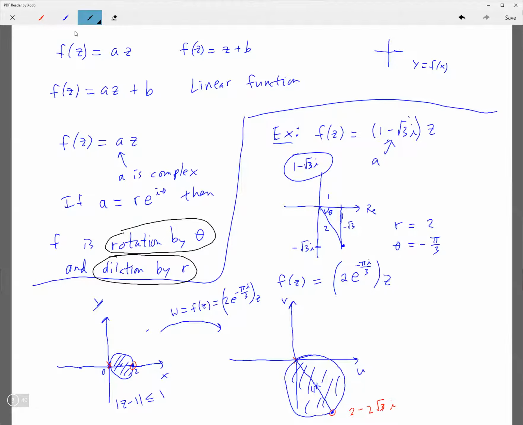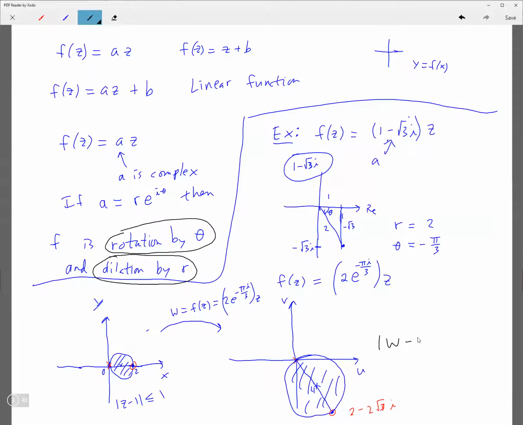So this is this one, and then it's also typical to write down what it maps to. And this would be in terms of w, so instead of the z, we have w. Now we want to describe this circle here. And that circle is going to be, well, 1 is the center of here, and that's going to map to 1 minus root 3i.